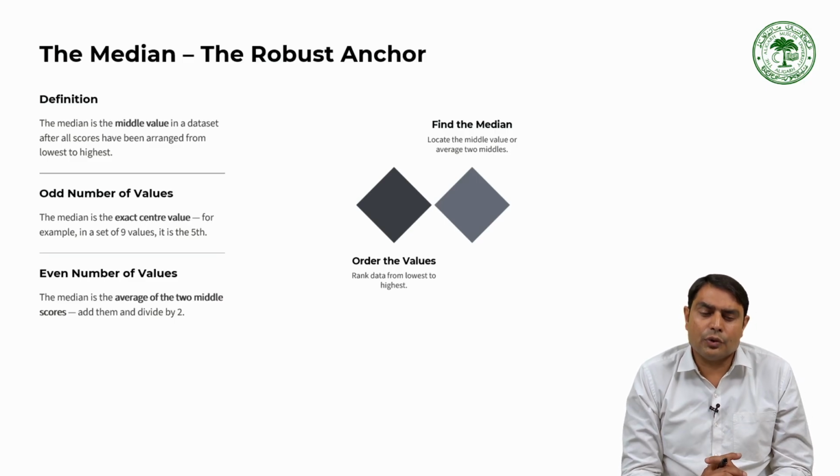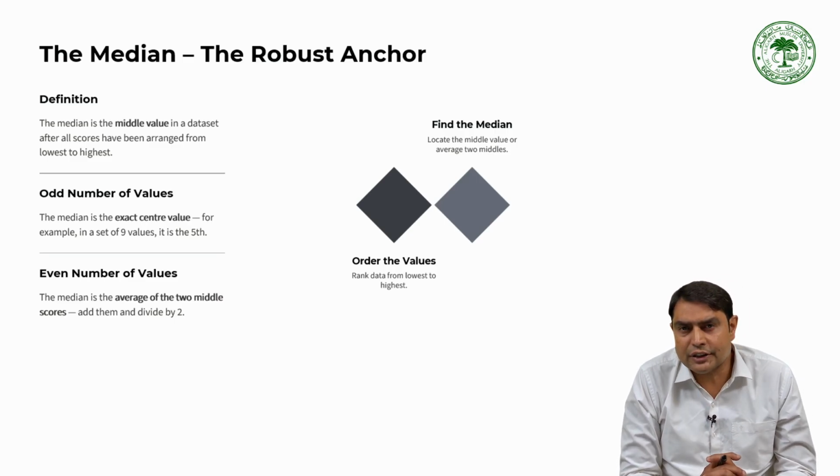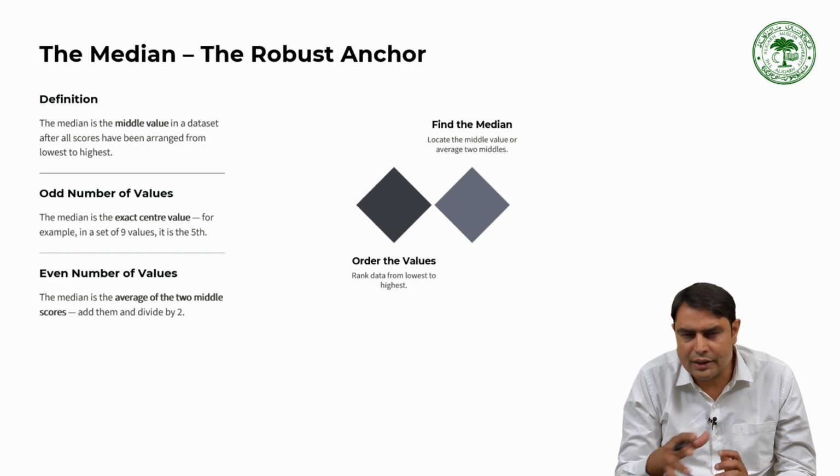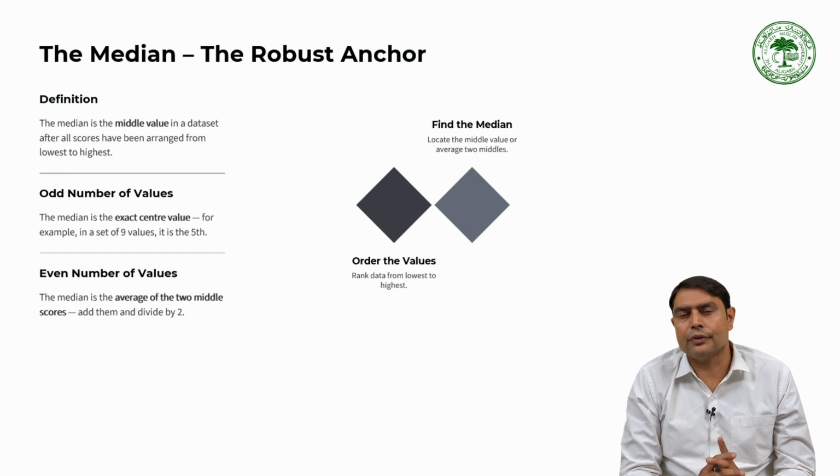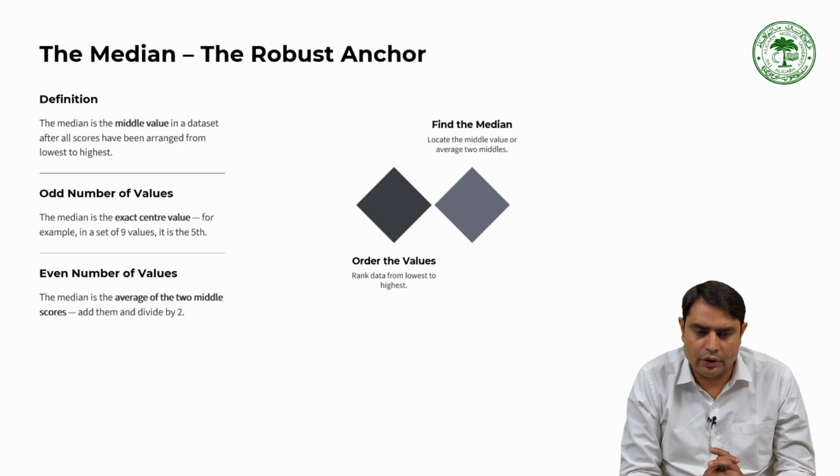Then let us come to the median. We will be discussing the mean later on in this lecture, and we will be looking at the calculations related to the mean. But let us have a brief idea about all three types of measures. Then coming to the median.